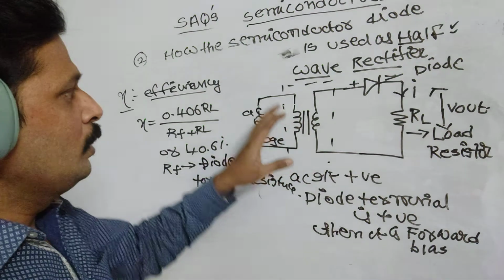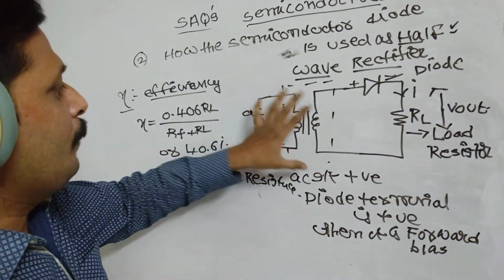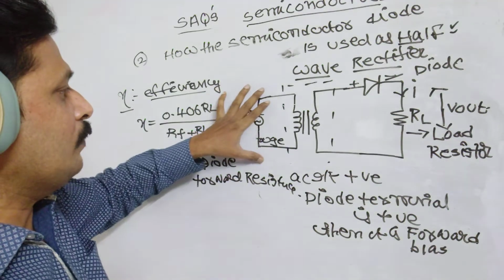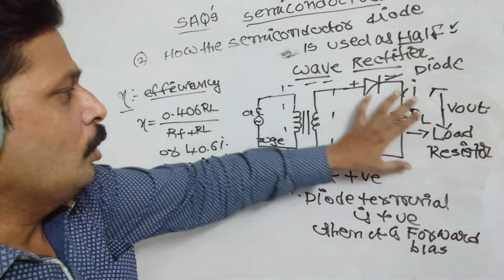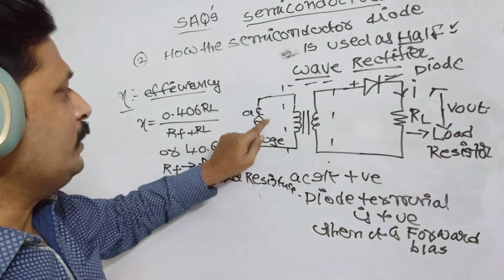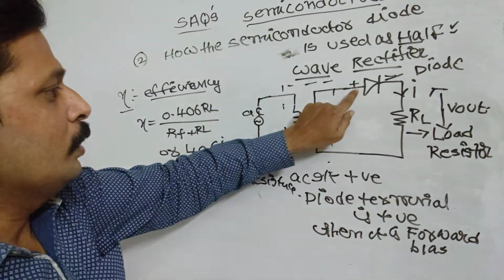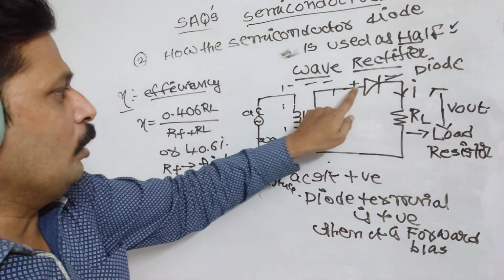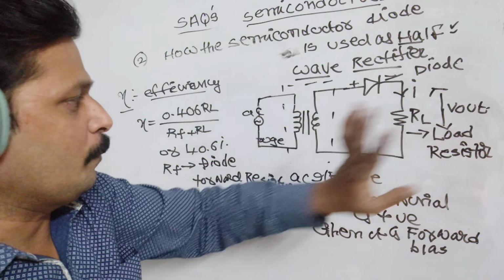Finally, I conclude. The rectifier is represented diagrammatically like this: AC voltage source, transformer, one diode, load resistor. Now the AC input is applied. Once it is positive and the diode is positive, then only the output is present. If the input is negative and the diode is positive, the output is not present.